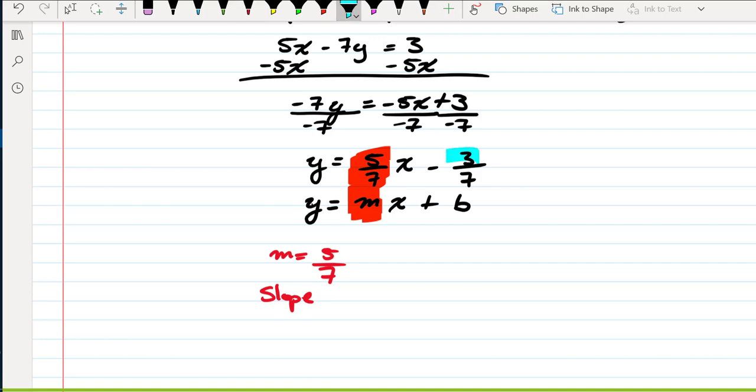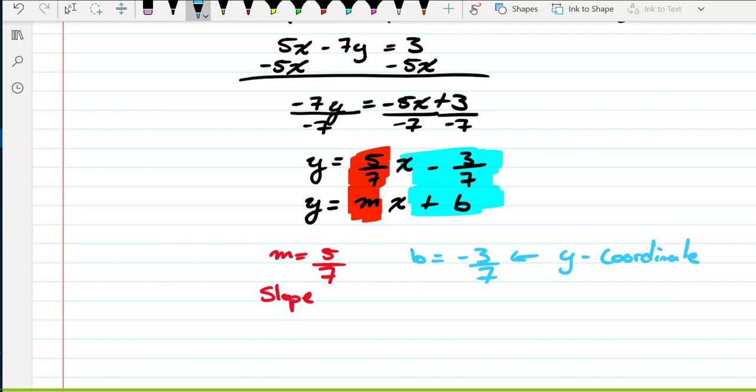And our b value is going to be this guy here. So we get that b is equal to negative 3/7, and this is the y-coordinate of the y-intercept. So we're going to get the point 0, negative 3 over 7.